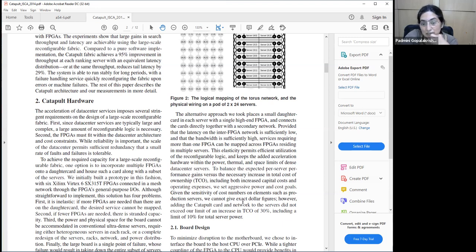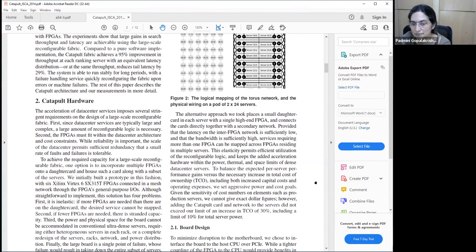And so, some of the factors that you have to look at commercially is, you have to trade off what is the performance improvement that you expect with this acceleration versus the fact that you will increase your total cost of ownership, or what they call TCO. Why would the total cost of ownership increase?